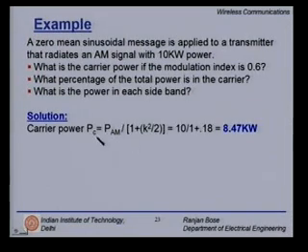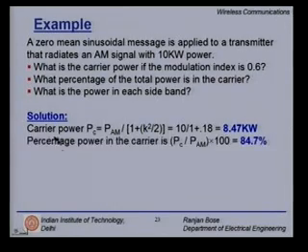So, carrier power is given by this formula: Pc equals P_AM divided by (1 plus K squared by 2), and if you plug in these values, for a 10 kilowatt total power, 8.47 kilowatt is in the carrier. So, the percentage power in the carrier is Pc divided by P_AM, which is close to 84.7%.